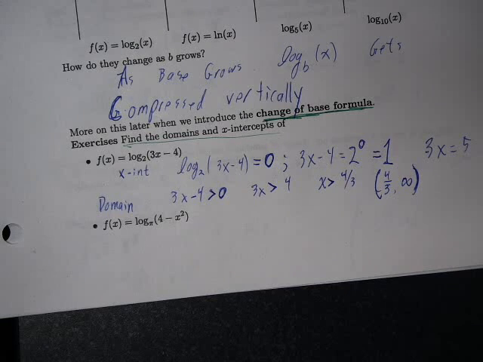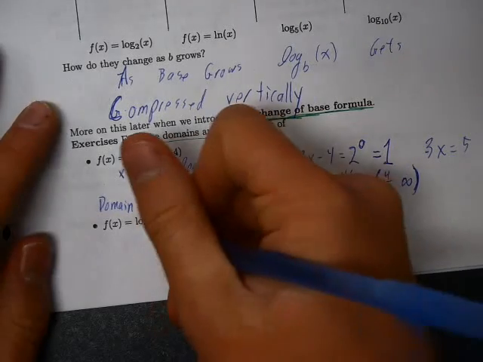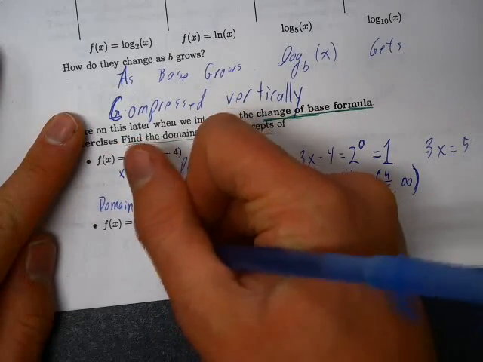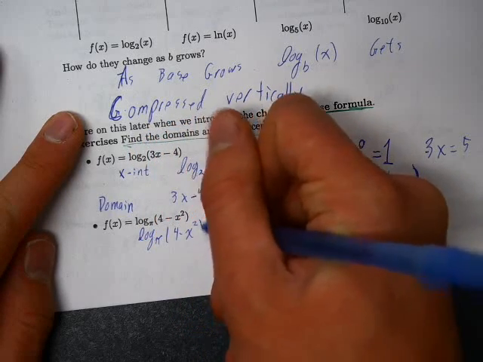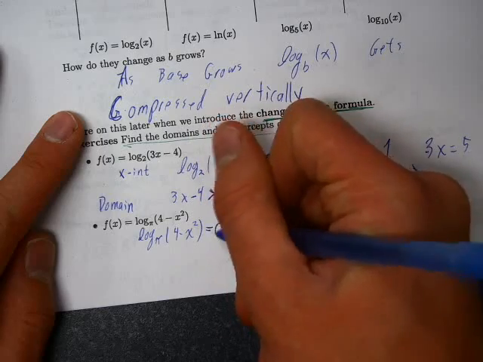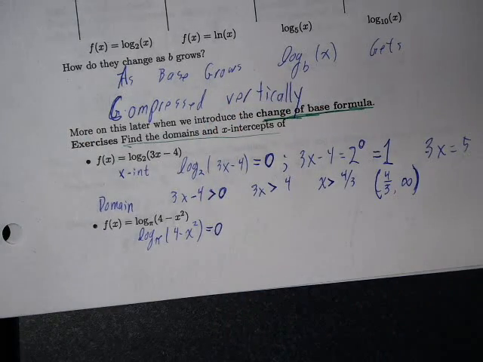So let's find the x-intercept. That means I need to set this equal to 0 and solve for x. So I need to solve log base pi of 4 minus x squared equals 0. Let's go ahead and do it. What do you get when you rewrite that in exponential form?